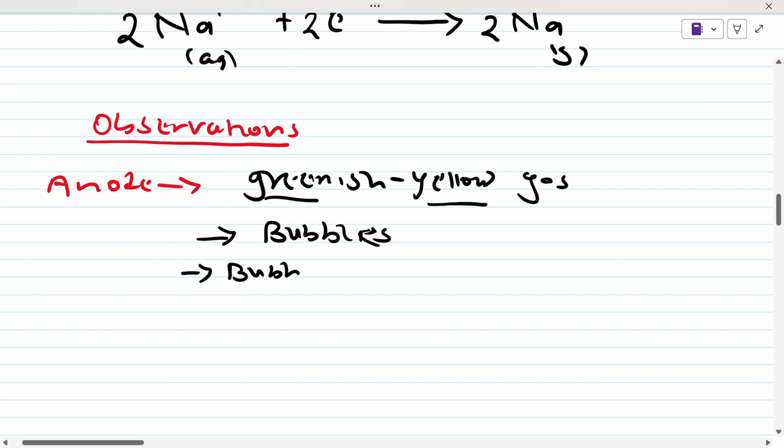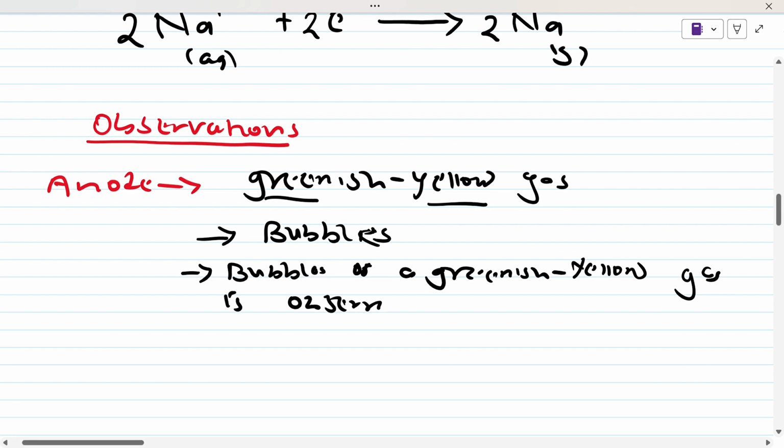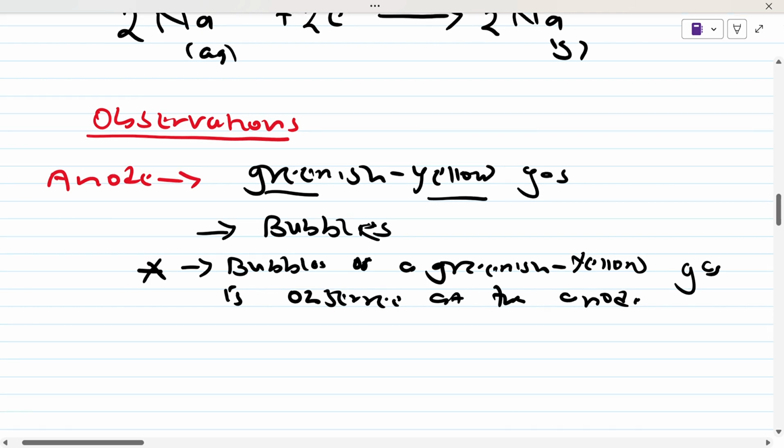Bubbles of a greenish yellow gas is observed at the anode. Now this is going to be your observation at the anode.